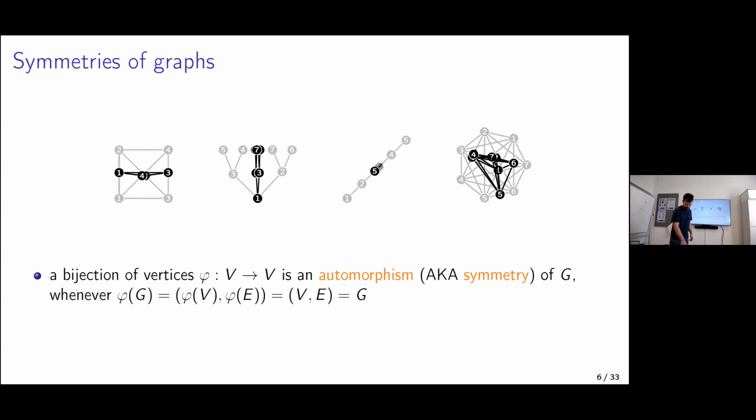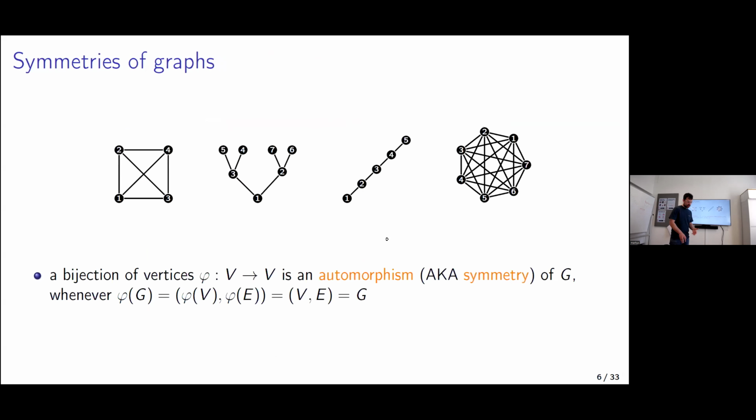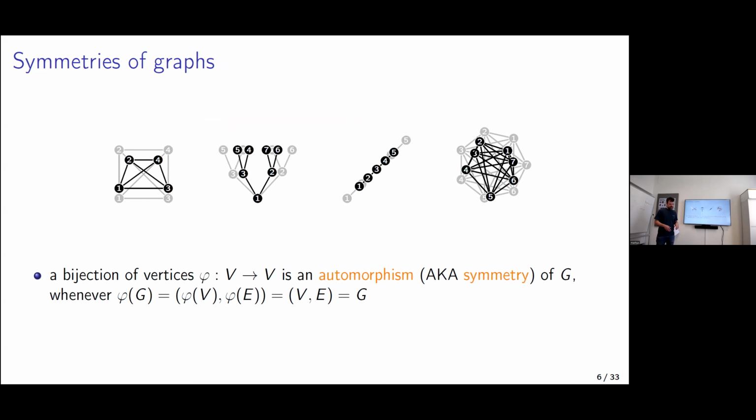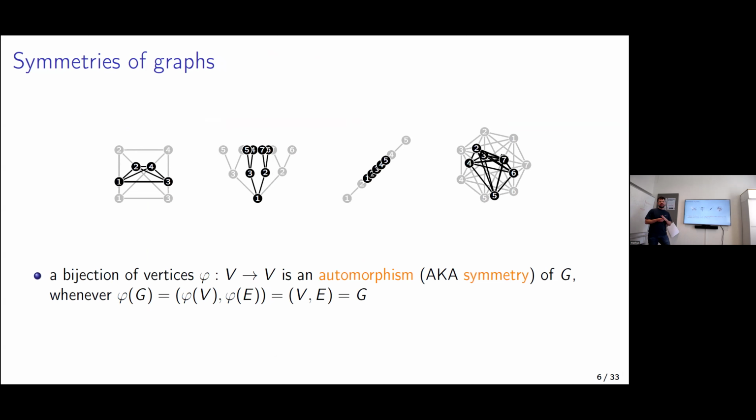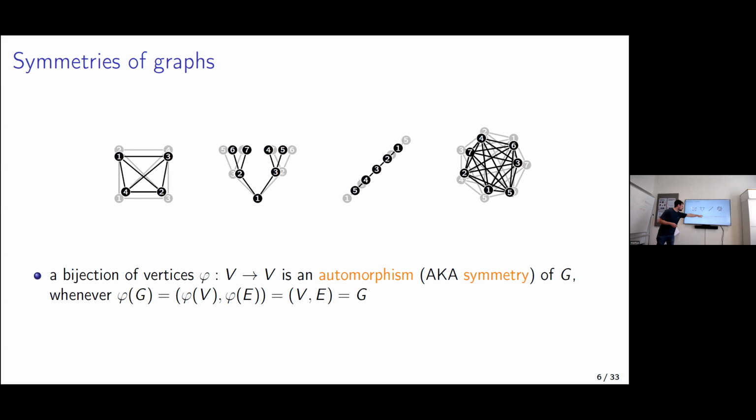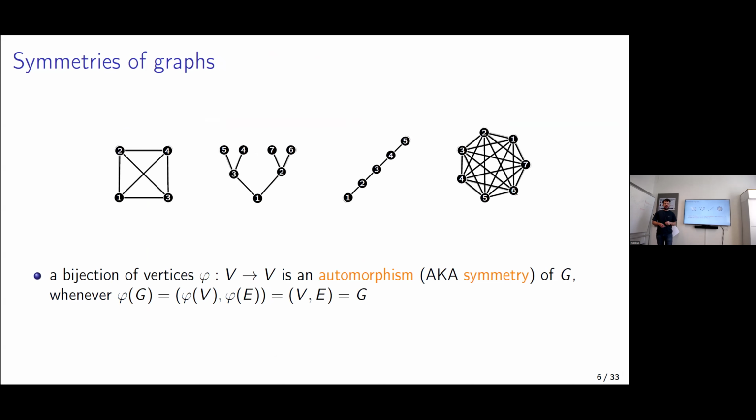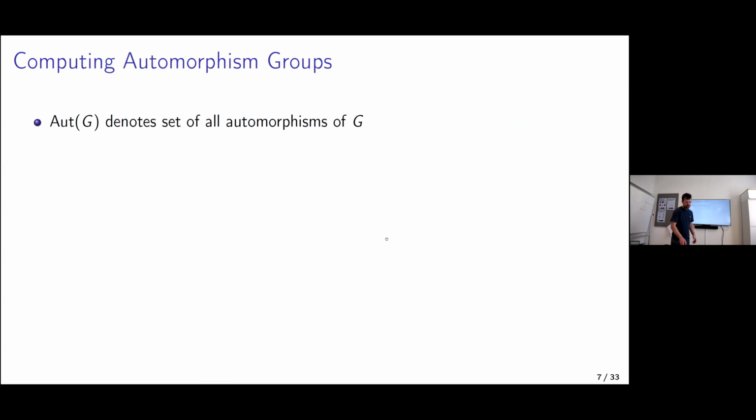All right. So here, for the symmetries of a graph, I sort of have to specify what we're interested in. So usually we're not just interested in one automorphism, but we're interested in all of the automorphisms of a graph. However, it's quite easy to see that if you look at the set of all automorphisms of a graph, this can be of exponential size in the order of the graph.